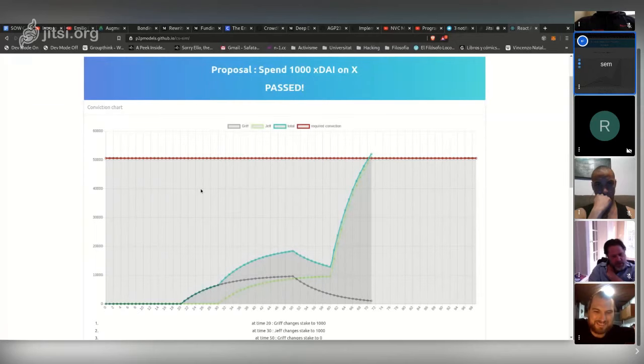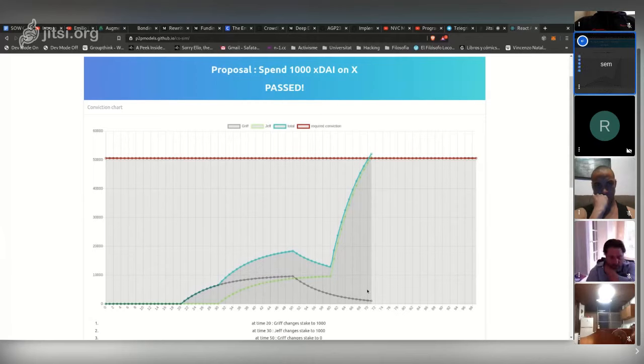As you can see, this represents a time frame, and this represents the power of a vote. So when you vote on something, the conviction increases, and when you stop voting on it, it decreases also, very slowly.